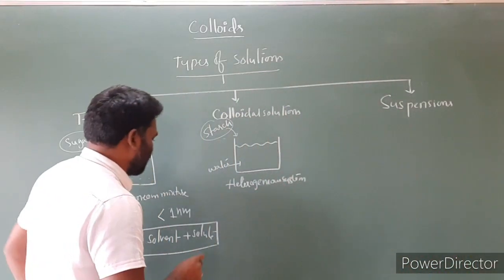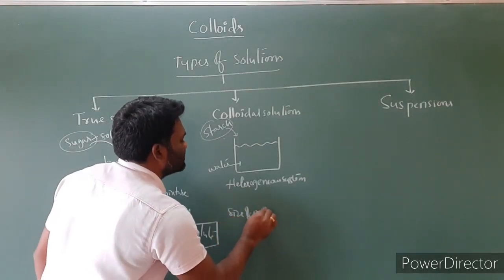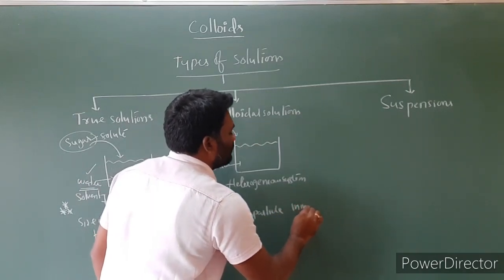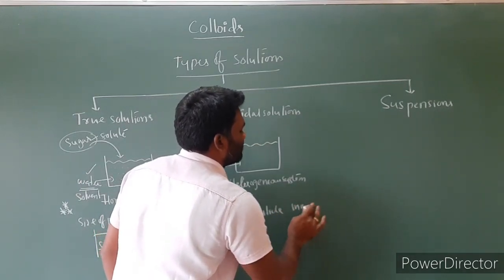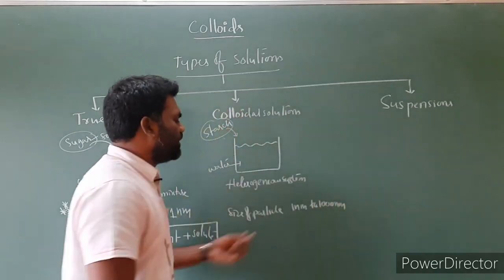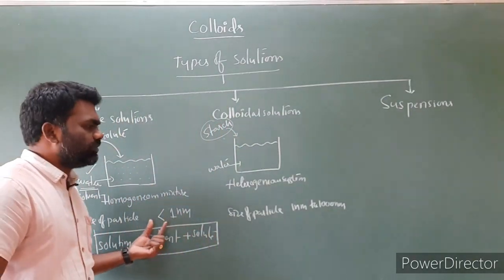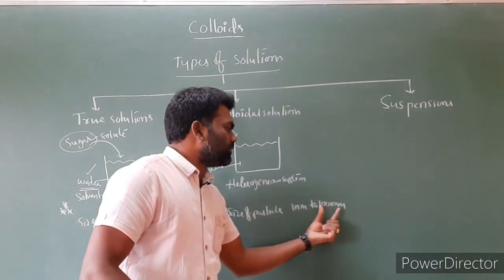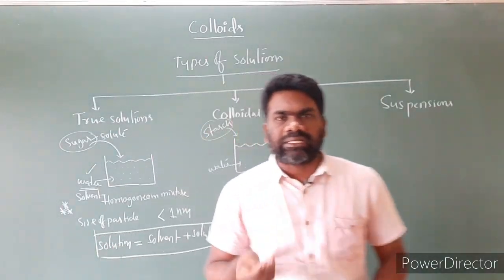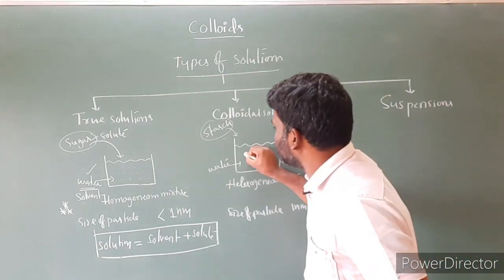The size of particles is between 1 nanometer and 1000 nanometers. In the case of a colloidal solution, the size of the particles is 1 nanometer to 1000 nanometers. They are large in size.